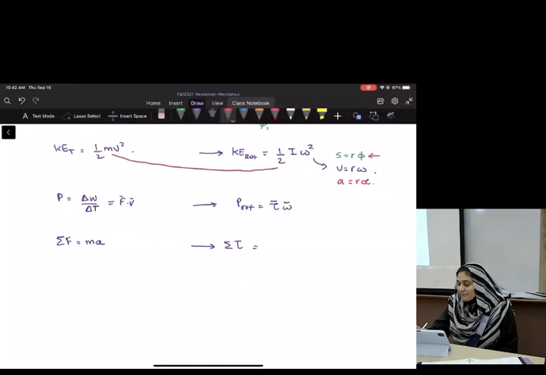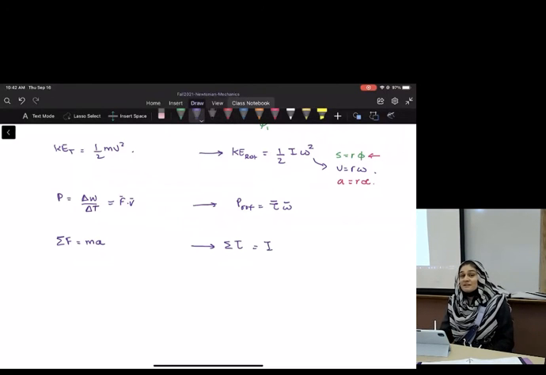The mass became moment of inertia. So take a wild guess what m will become when we are on this side for rotation. Moment of inertia. And what does a become when you're talking about turning? See how that follows the same pattern? It's like we're not doing anything new. We're just redefining and keeping things simple, right?